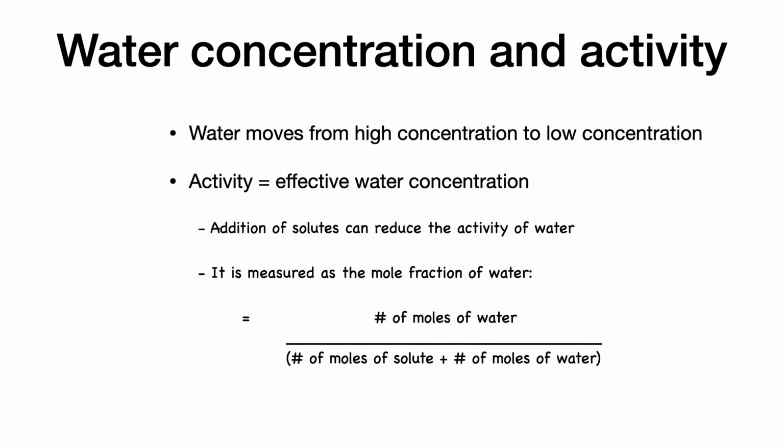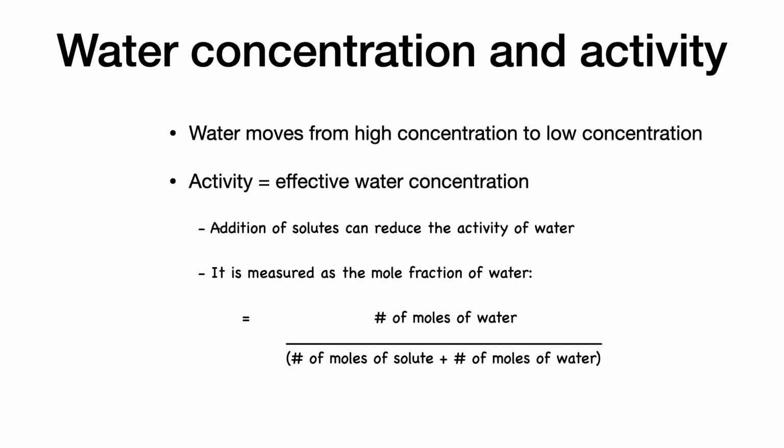So we can measure something called the mole fraction of water, which gives us a way of measuring the activity of that water. That's the number of moles of water divided by the number of moles of the solute or solutes in that solution plus the number of moles of water.